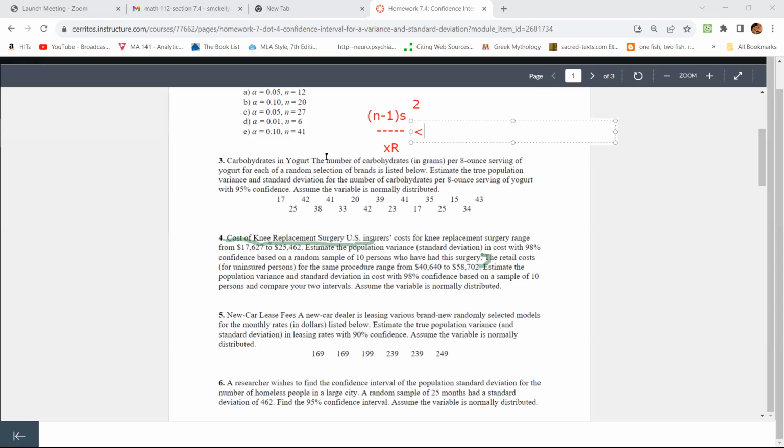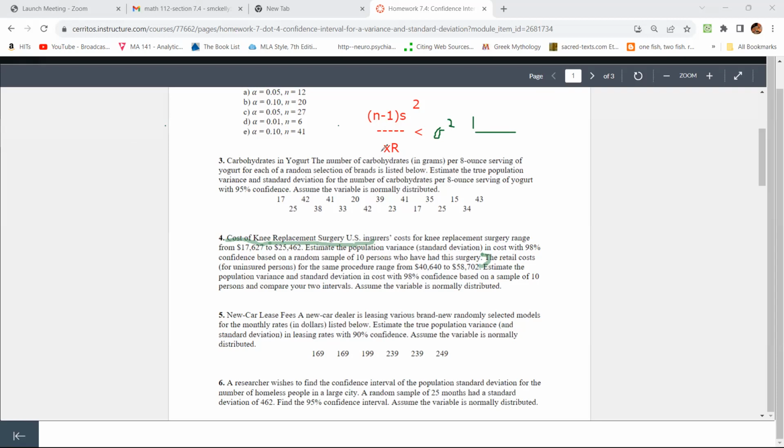Then we have sigma squared in the middle. I mean, sorry, sigma squared. And then you have n minus 1 times s squared over chi-square left. Now, the problem is not n. We know n is 10.